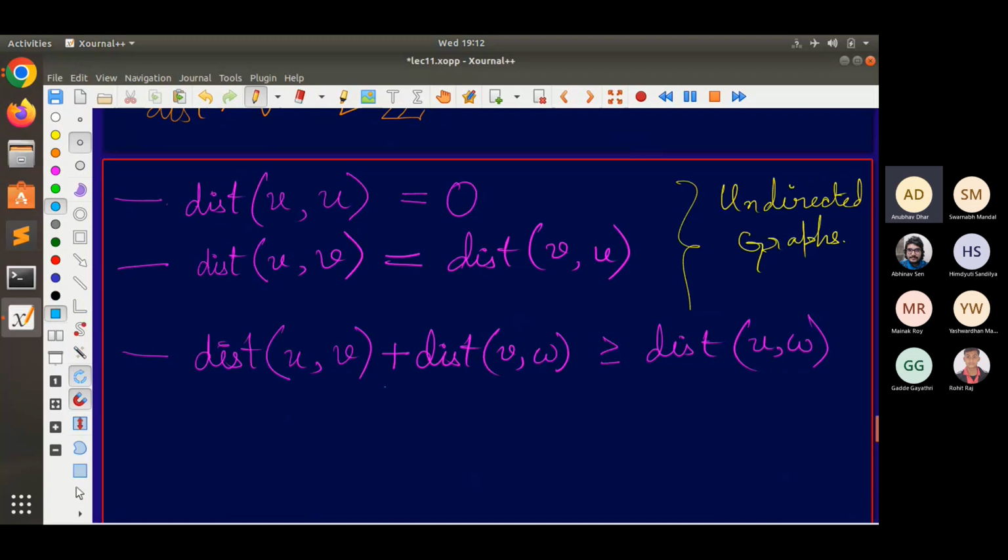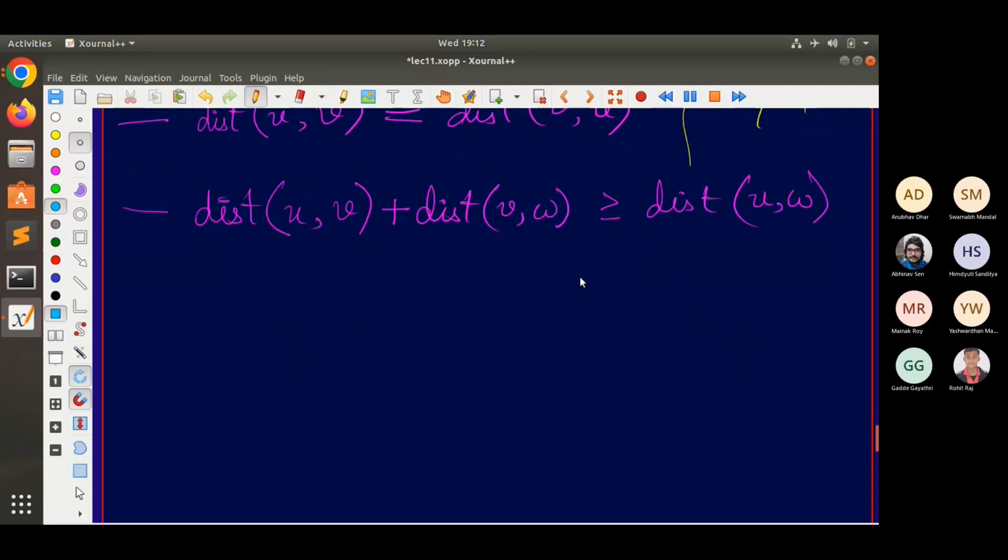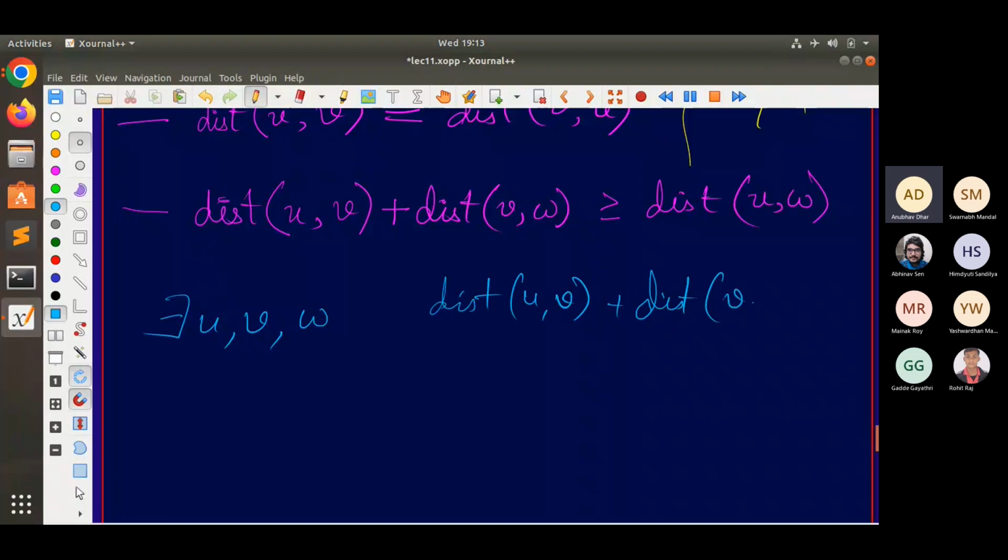Secondly, can anyone point out why this is true? So how do you prove statements like this? Well, you assume the contrary. Let's assume there exist u, v, and w such that distance from u to v plus distance from v to w is strictly less than distance from u to w.